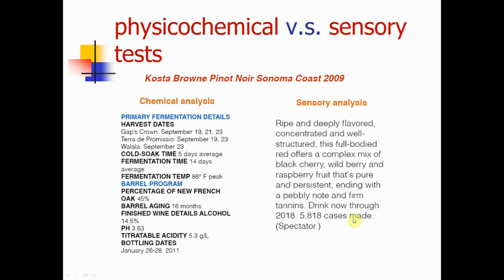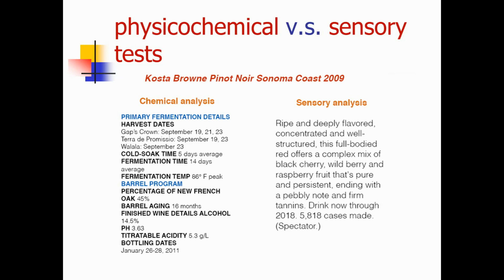However, on the other side, the sensory analysis is like a description of the wine, what it drinks like, what it tastes like. That requires a lot of training and requires some experts that you trust so that you will be able to read their descriptions and then make judgments about whether or not the wine is good.